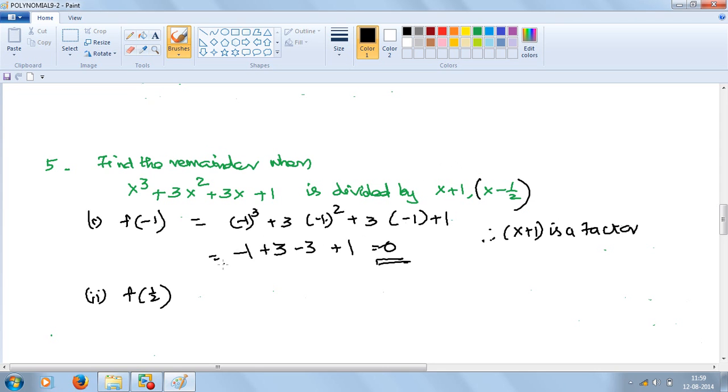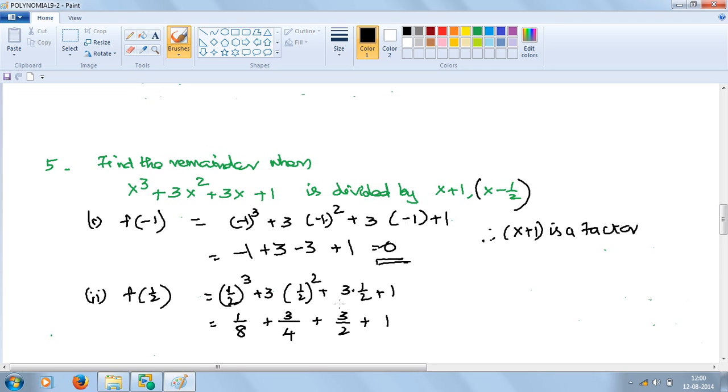So a is becoming half. f of half is equal to half, 1 by 2 cube, plus 3 multiplied by half square, plus 3 multiplied by 1 by 2, plus 1, is equal to 1 by 8 plus 3 divided by 4. 2 square is 4. 3 by 4 plus 3 divided by 2 plus 1.